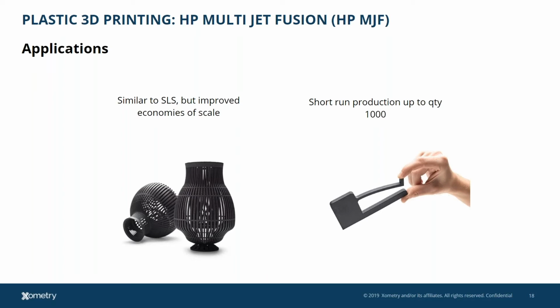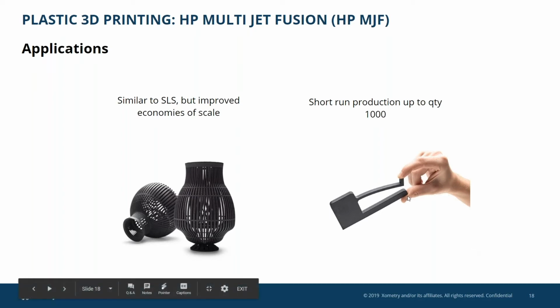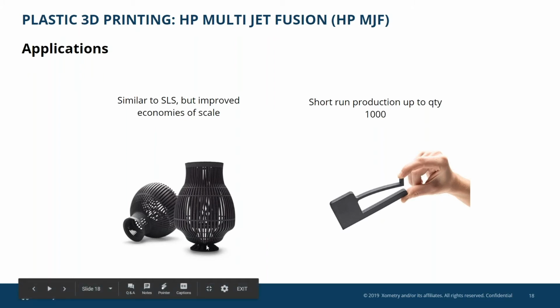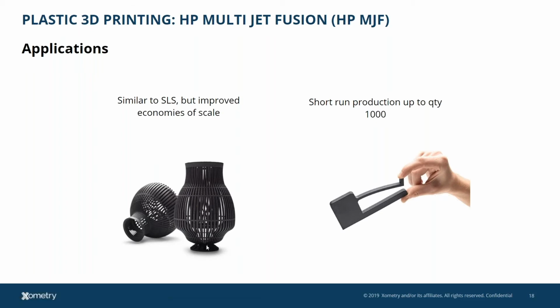So it's a different way of sintering nylon. I tend to find it has a little bit better feature properties when you have parts with flex to them, especially repeated flex. But just note that all these parts here are dyed black multi-jet fusion. It comes in a matte gray natural look, and you can dye it black.